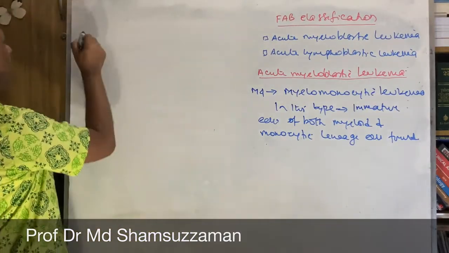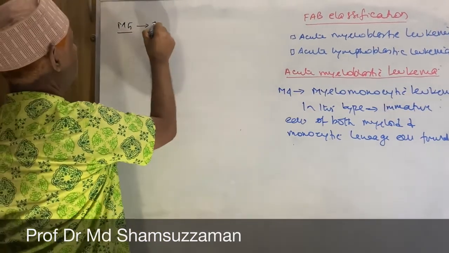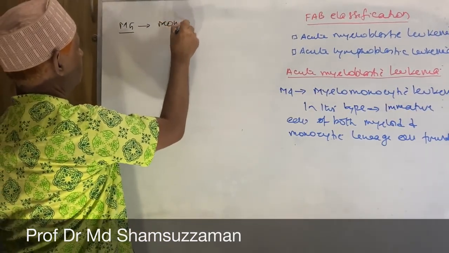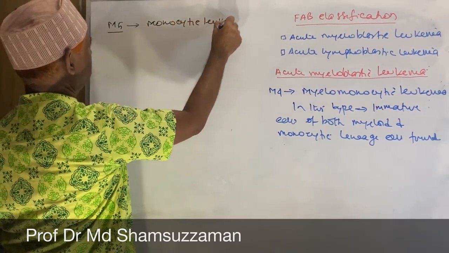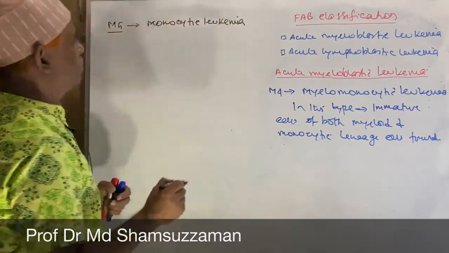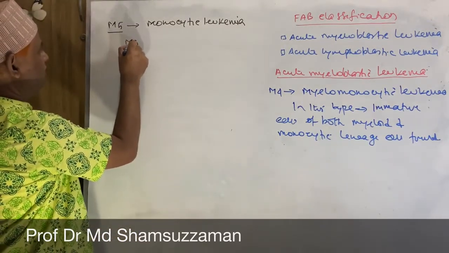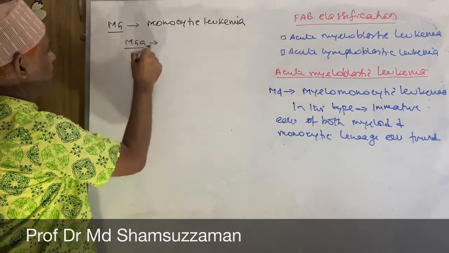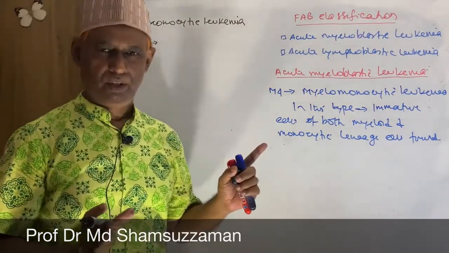Now come to M5. This is called monocytic leukemia. It is of two types. One is M5A. In this type, we get blast cells.